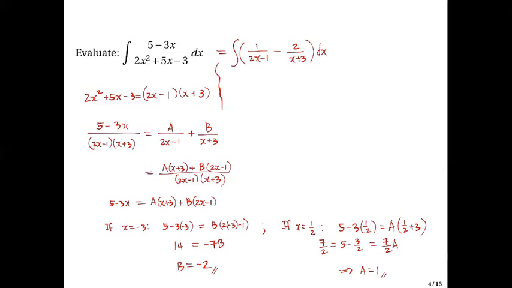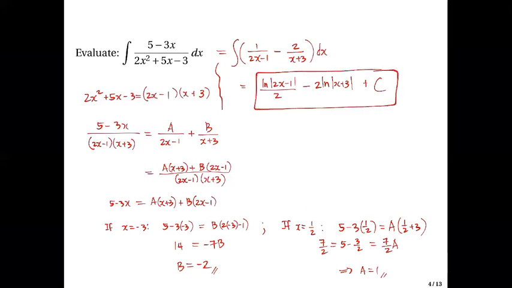So if we do the integration, this is just ln of the absolute value of 2x minus 1 all over 2, minus, in here we have 2 times ln of absolute value of x plus 3 plus the arbitrary constant c. So we have this.